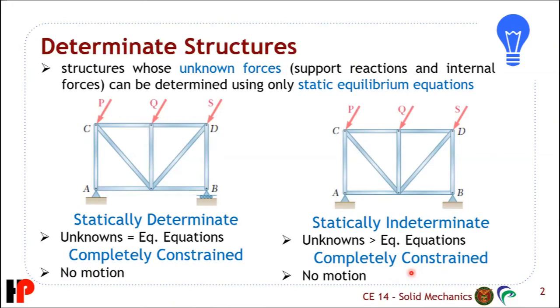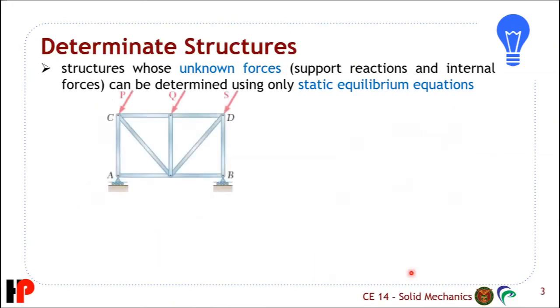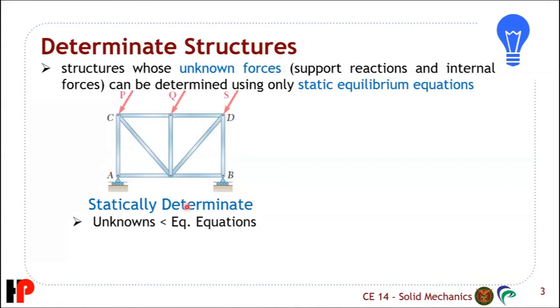Now, to help you understand or imagine what complete constraint means, look at this example here. Instead of pin-pin, A and B became roller-roller. Now, if you have purely vertical loads, purely vertical, this would still not move. But if you have just one horizontal component, this will now translate in the horizontal direction. So it is statically determinate because we can determine the reaction forces.